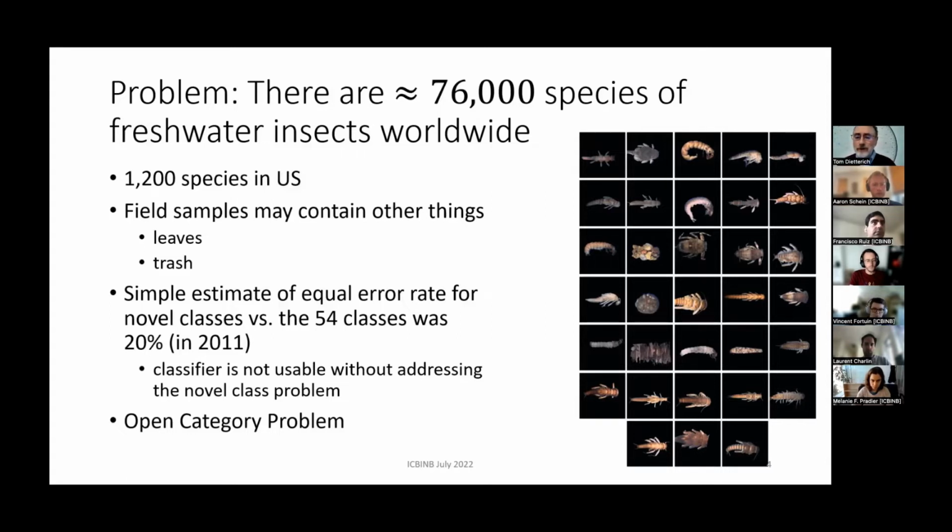What is class 55? And he would give me some name for that. And then I would want to do few-shot learning and add that to my classifier. But that's not the problem here. It's just to say, this thing is something new, and I refuse to classify it because it doesn't belong to any of my known classes.